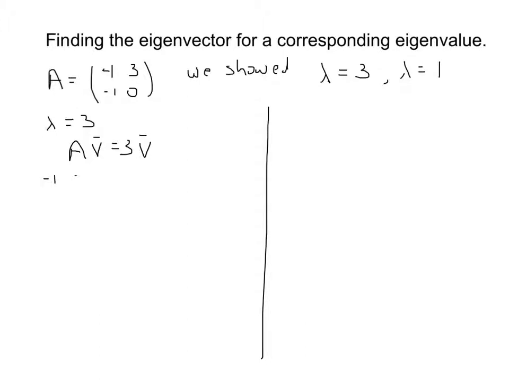It's a 4, 3, minus 1, 0, times x, y is going to be just 3 times x, y.